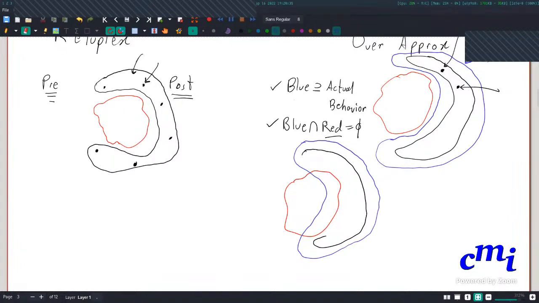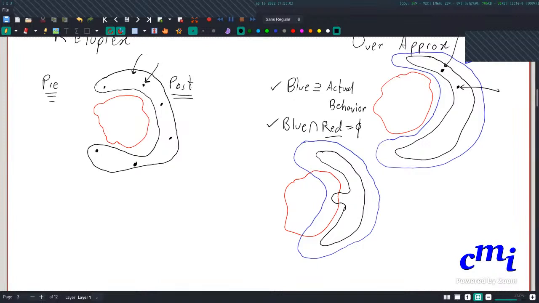All you see is that the blue region intersects the red region. It's definitely possible that the black region still does not intersect the red region, so the precise behavior is still safe. But it's also possible that the precise behavior is unsafe. So this might be the situation, or this might be the situation, and you don't know which of these two it is.